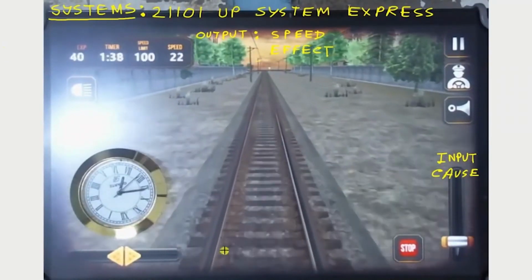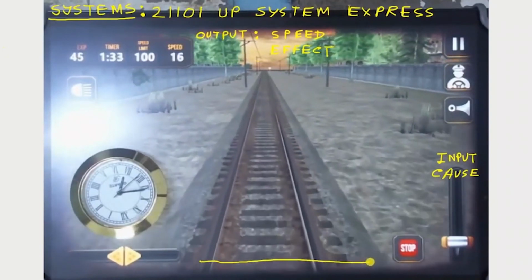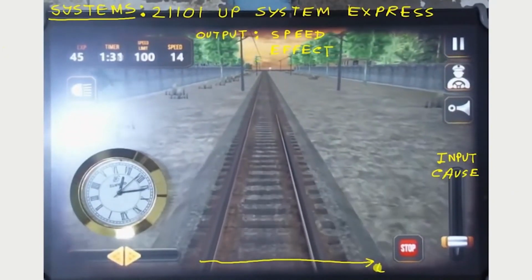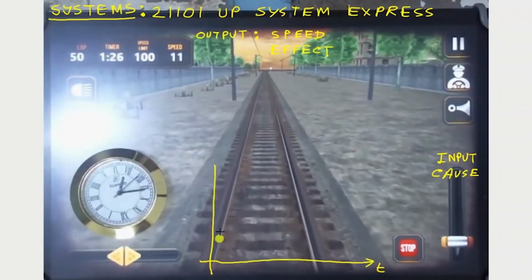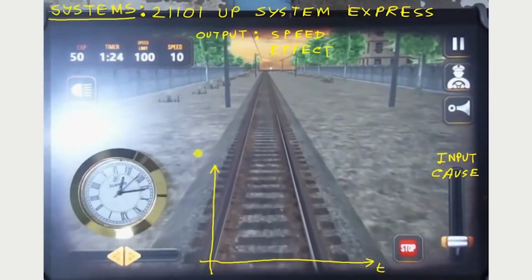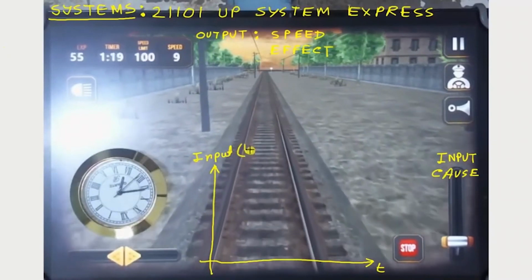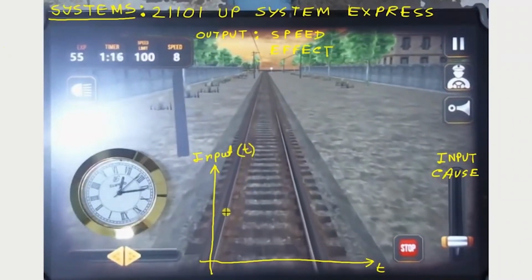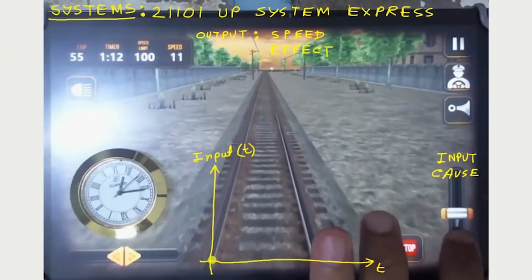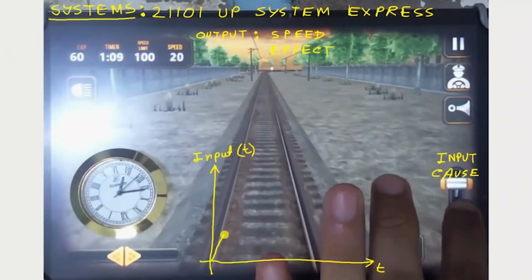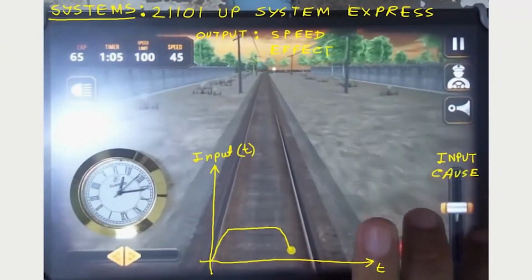Let me draw a curve where the x-axis denotes time and the y-axis denotes the input to the train as a function of time. Now I can raise this position high at the beginning and then after a while I can bring it down.